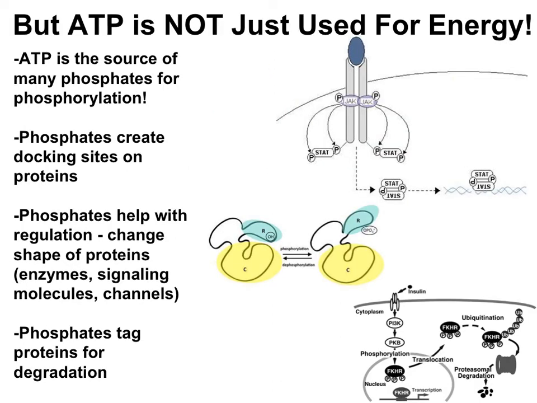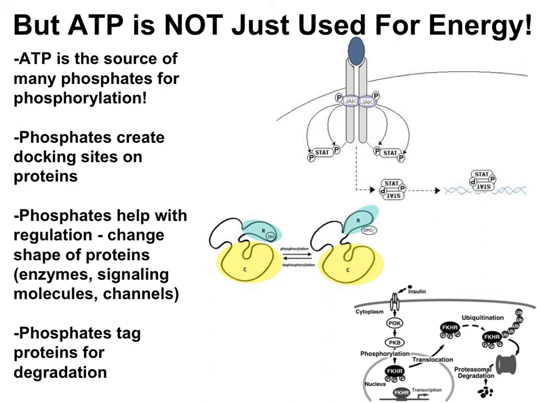We've seen examples of ATP in use so many times. Phosphorylation in RTK pathways creates docking sites on these receptors for relay molecules. Phosphates can change the shape of protein pumps and activate enzymes, just like what's happening on here.